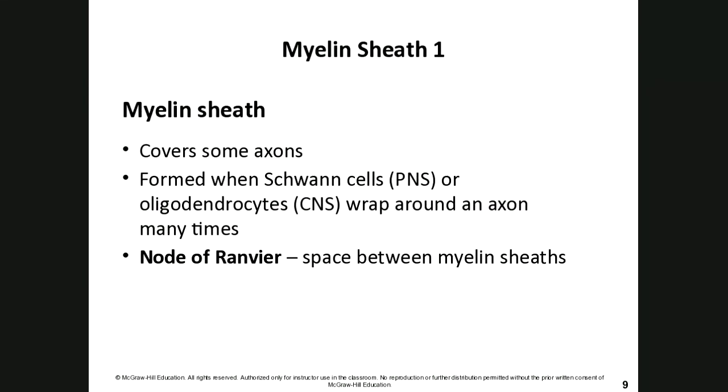So when we send that signal off, there are a couple of ways that we can do it. We can just send it directly off that axon, and it's what we call continuous propagation, in that we have an action potential, which we'll talk about how an action potential is generated in just a few slides here. We can have that action potential happen all along the length of that neuron until it gets to the next cell that it needs to send that message to. Or we can speed that process up.